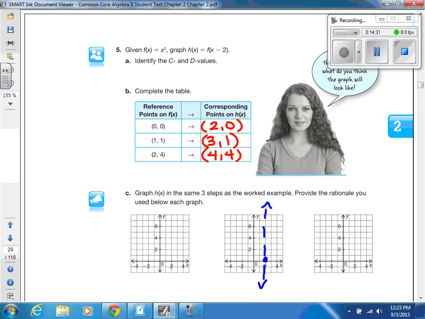I have a point at 3, 1 and a point at 4, 4. I also have mirrored points to that on the other side. That's what my graph would look like right there.